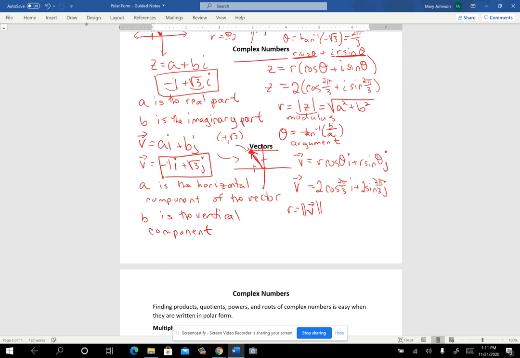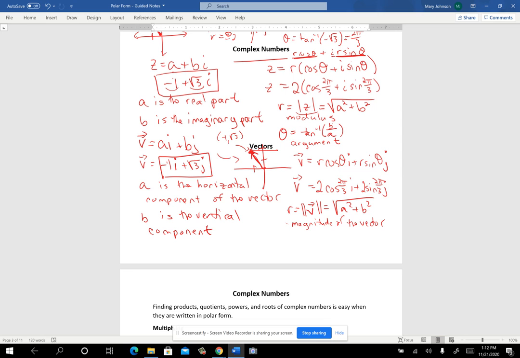And that's exactly what the magnitude of the vector is. So r is the magnitude of the vector. But it turns out to be the same as what it's been on all the rest of them. Square root of a squared plus b squared. Okay? So it's pretty much the same as what the modulus is, and it's the same as what r was in the beginning.